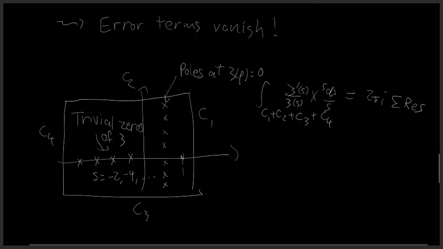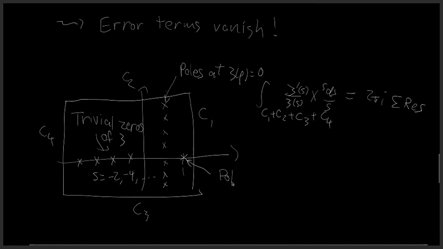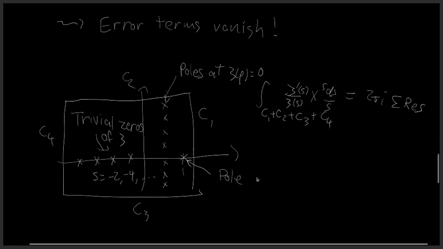Then we also have a pole right here coming from the pole at s equals 1 of, well, it's sort of wrong to say the pole of zeta, because it's really the pole of zeta prime, but it's the pole of zeta.